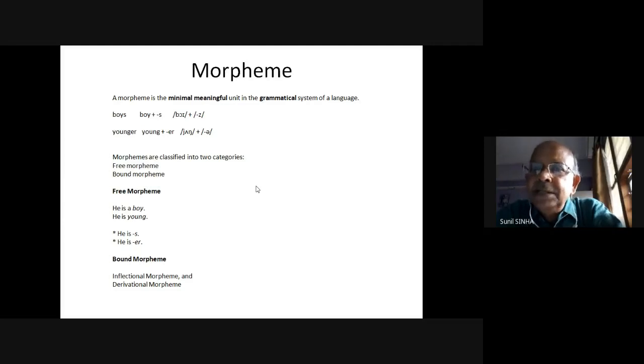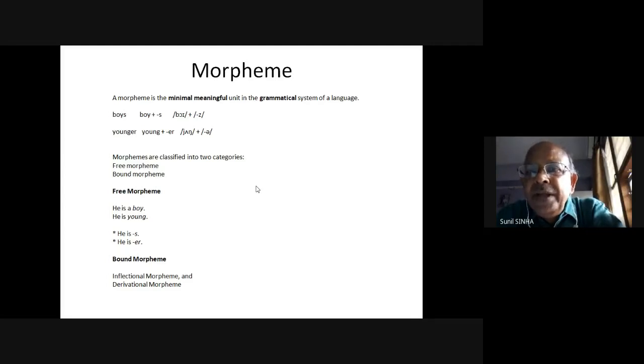Are they meaningful? Yes. S is meaningful. What is the meaning of S? More than. S is plural. When we want to convert boy, the singular noun, into plural, then we add S. So S has the meaning of plurality.